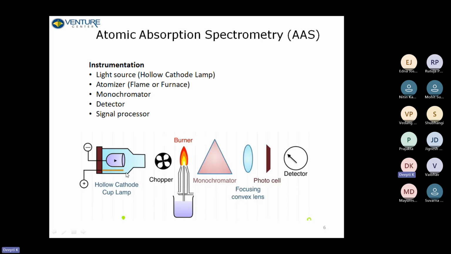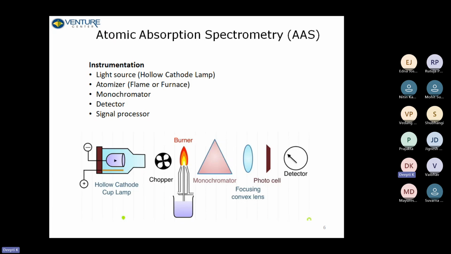This helps the spectrometer to focus on the light that is absorbed by the sample and separate it from stray light, like for example, any light that is coming from the burner or from the flame. We need to cut that out and measure only the light that has been absorbed by the sample. So the chopper does this role.